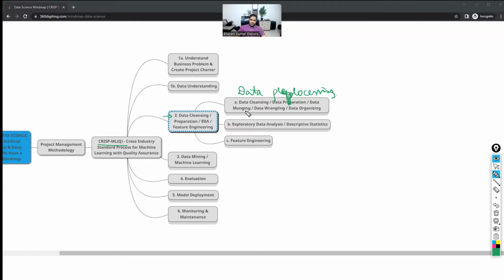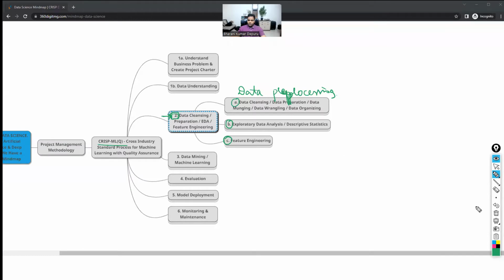For theoretical discussion, I've segregated points A, B, and C as 3 sub-phases within this phase 2. While we could do that, practically you cannot segregate these.